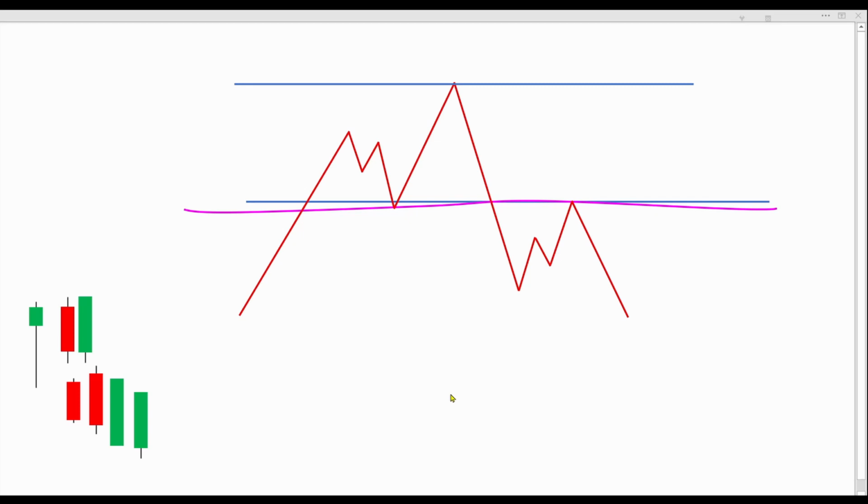So I usually complement the price action with other stuff.